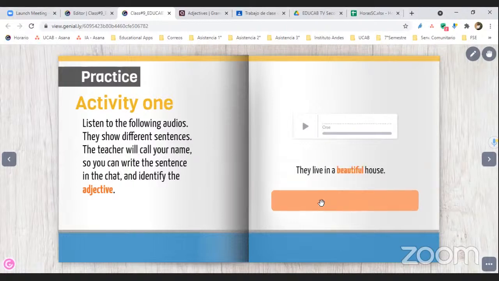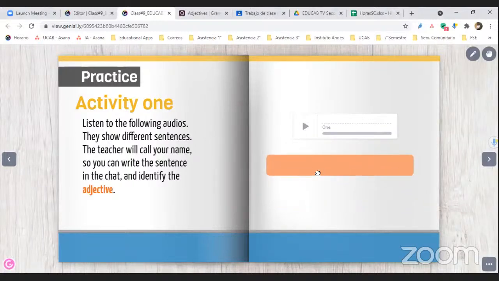So here we have the answer. The answer was right in front of you on the screen, but it was hidden, okay? So good. They live in a beautiful house. And beautiful is actually the adjective. So good job, Luisana.